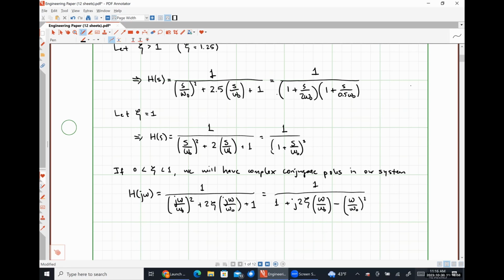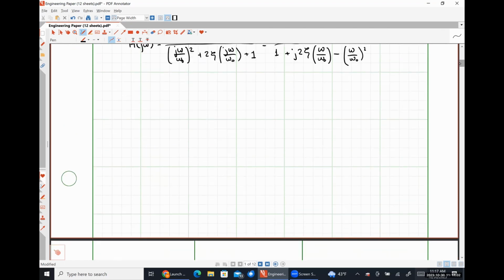All right, so let's talk about how this thing is going to behave. So what do you think this is going to look like when omega is much less than our resonant frequency, omega naught? These two terms are going to be very small. It's going to look approximately like 1/1, right? So let me scroll down here.